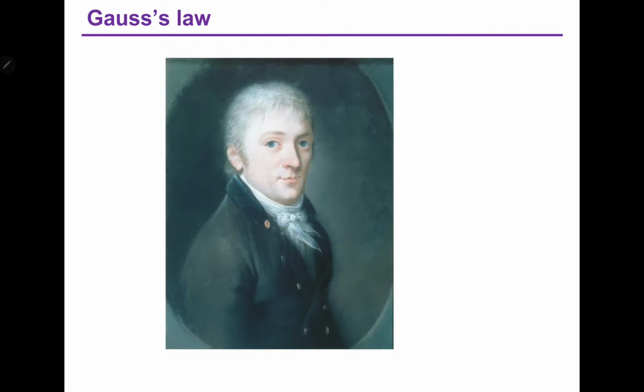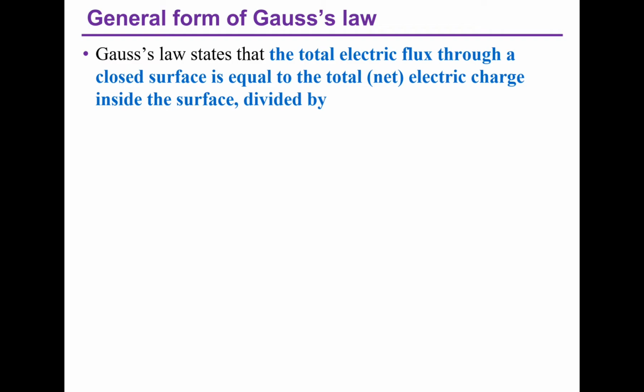Now let's define Gauss law. Gauss law states that the total electric flux through a closed surface is equal to the electric charge inside the surface divided by epsilon naught. That is, the total electric flux phi is equal to Q enclosed, the total charge enclosed.